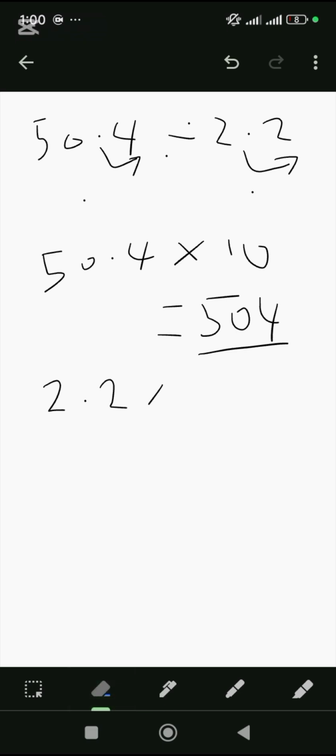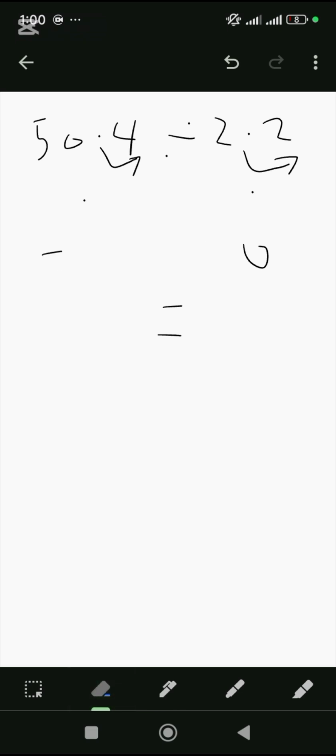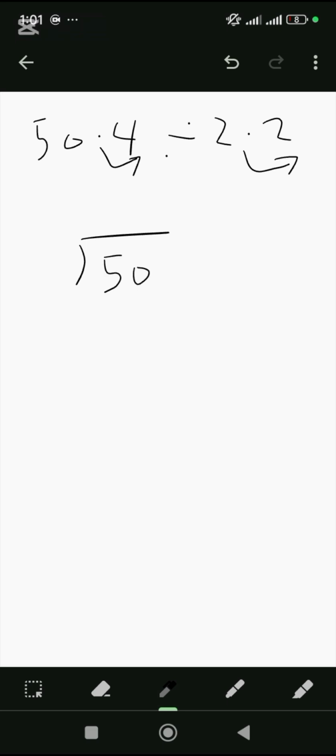And so our new division will be done with this and this. And here is what I mean. So we can now have 504 divided by 22. How many 22 are in 50? That would be 2. So you multiply this, that will give you 44.